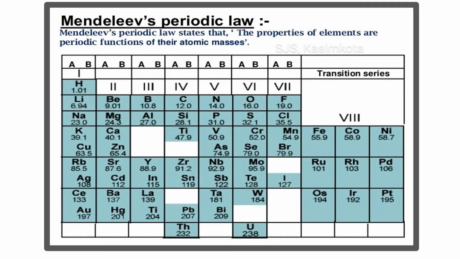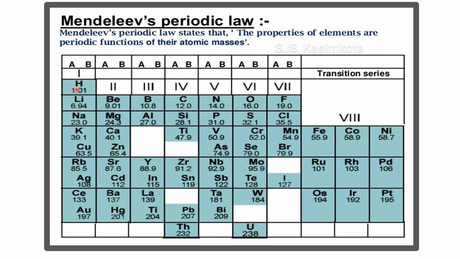So this is Mendeleev's periodic table which has 8 groups, that is 8 vertical columns. All these 8 vertical columns are known as groups and they are represented with the Roman numerals 1 to 8.